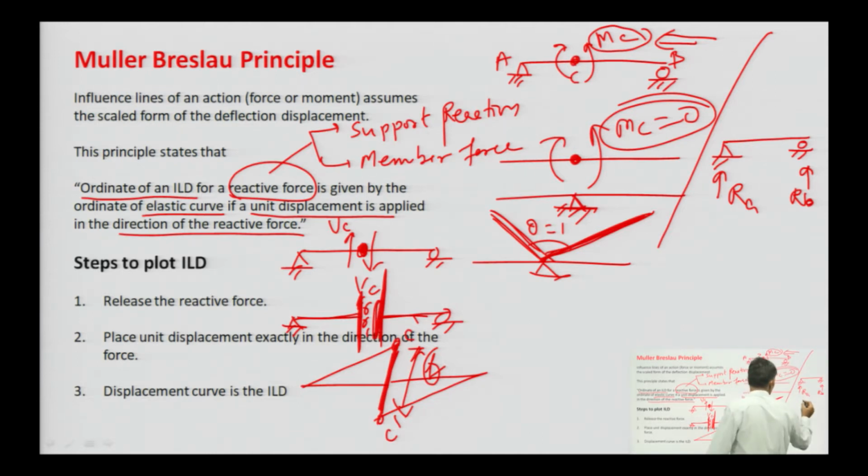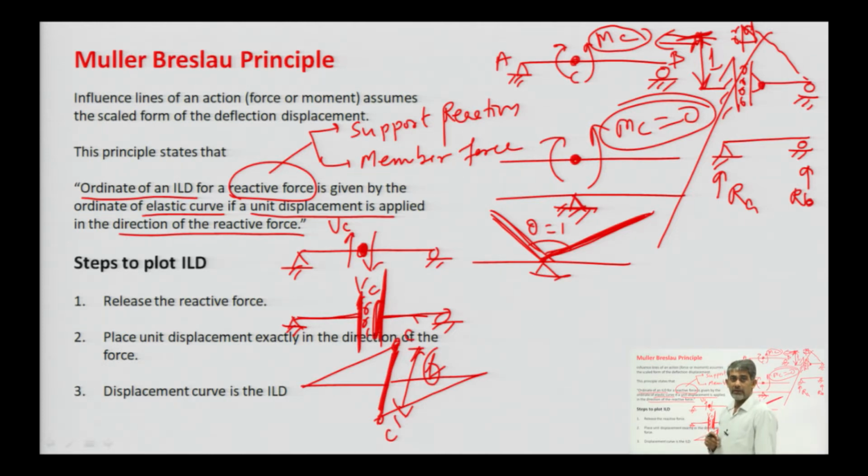That can be released by doing this type of arrangement at this joint. If we make the arrangement in this manner, then you can provide the unit displacement by shifting this. So, this can be the unit displacement.